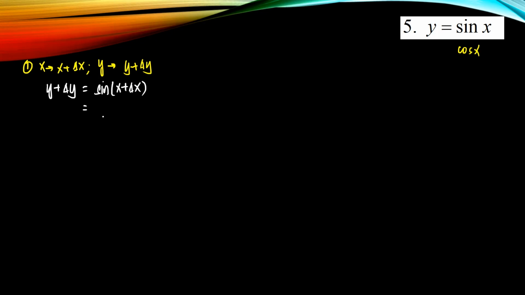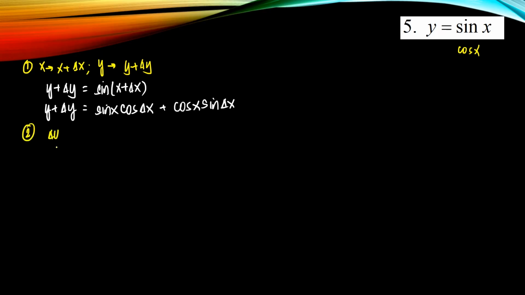Recalling your trigonometry, this is sin, cos, cosine. So sine x cosine delta x plus cos x sine delta x. That's y plus delta y. Now we're finished.